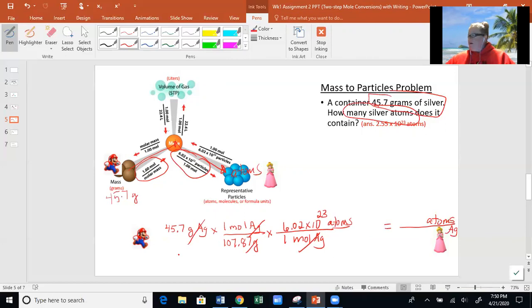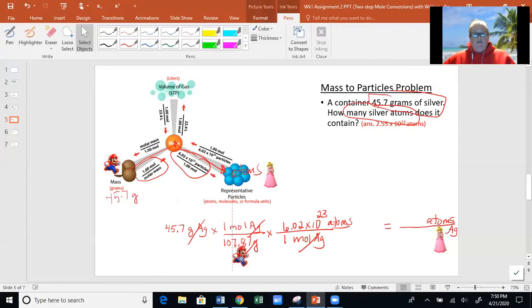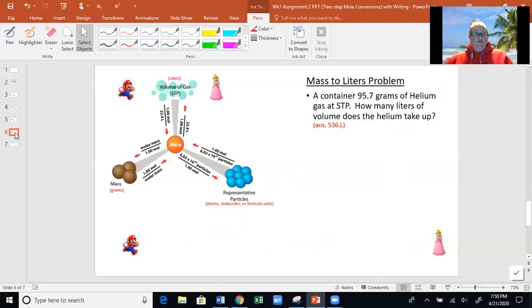And in your calculator, you would type in 45.7 divided by 107.87 times 6.02, equals, and that will give us 2.55 times 10 to the 23rd atoms, and Mario has made it to the princess. All right, we will do one more.